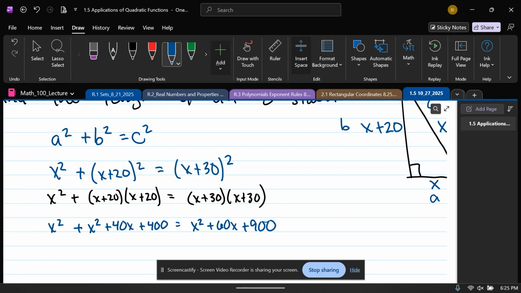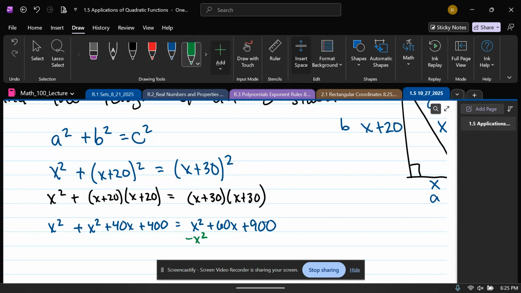And now I see that it's a quadratic because I got x squareds and plain x's in it. So I need to get it equal to what? 0. It doesn't matter which side you get it equal to 0 on. I'm going to put the 0 on the right-hand side. So I'm going to move this x squared by subtraction. Change colors with my pen here.